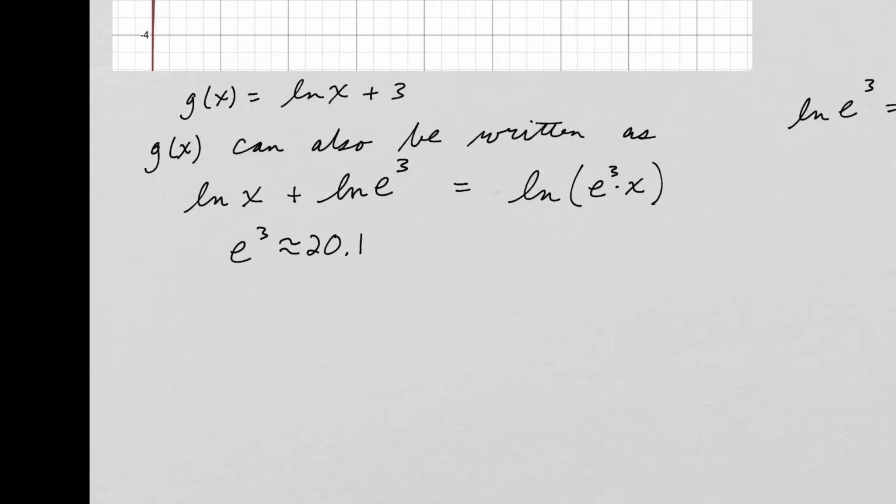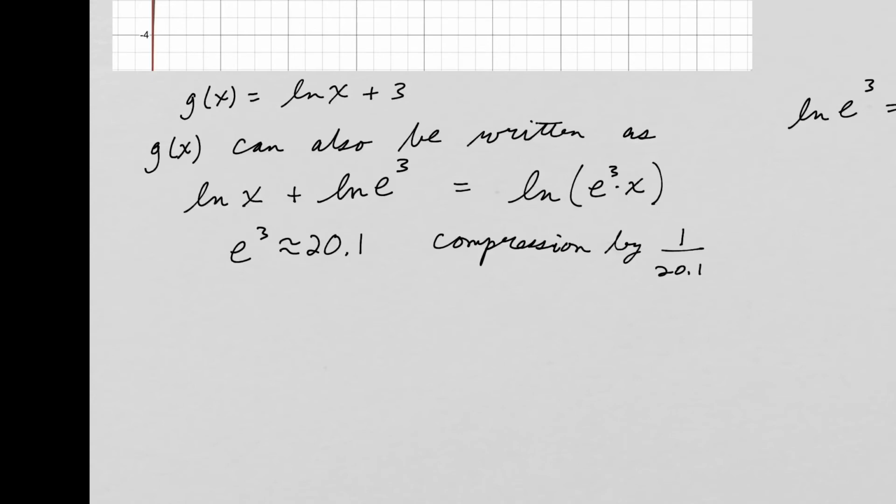So what this is saying, remember, if I multiply my x by a particular value, it's going to be a horizontal either stretching or compression. And since this value is larger than 1, it's a compression by the factor 1 over 20.1. Remember, it's always the inverse. It's a reciprocal. So it's a compression by 1 over 20.1.